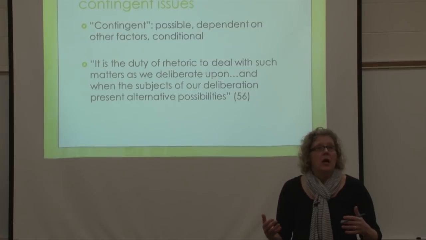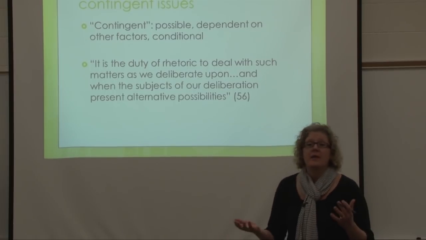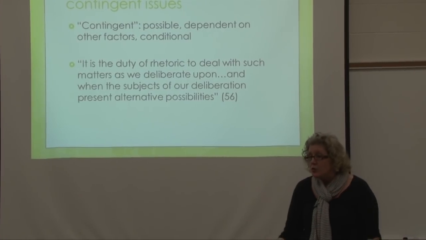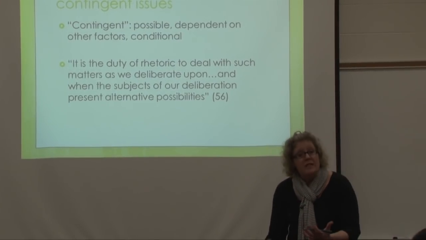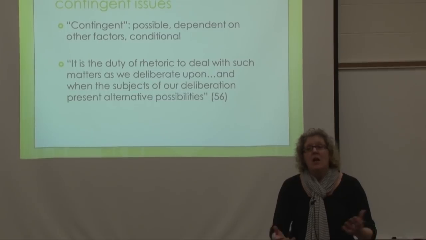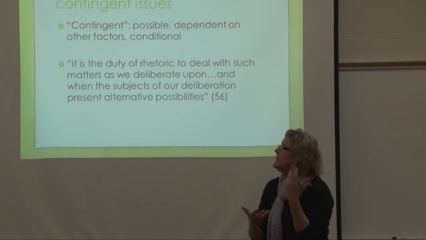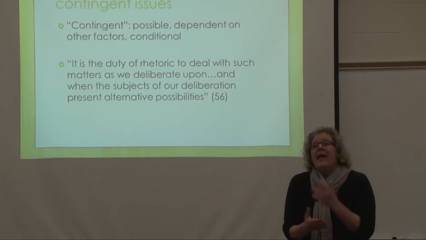But something like why slavery happened in America is a contingent issue, because people are still talking about it, researching it, understanding it, coming to new ways of getting at its complexities.